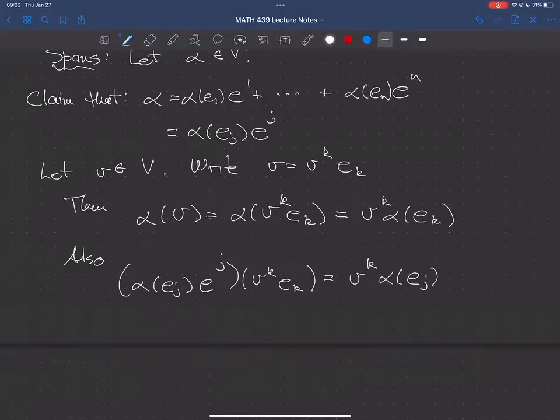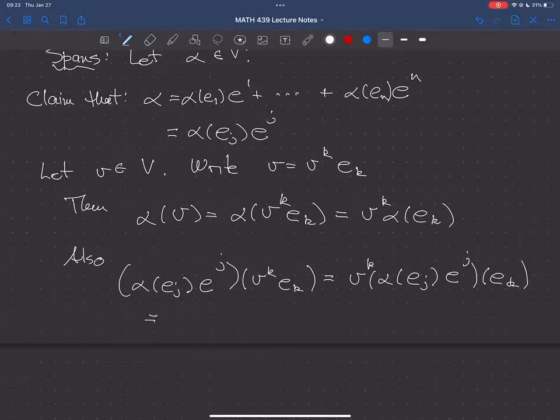And then it's going to be e^j. Leave the parentheses there, so it's alpha of e_j, e^j of e_k. The parentheses will go away in a second.